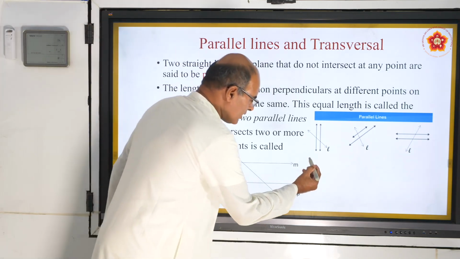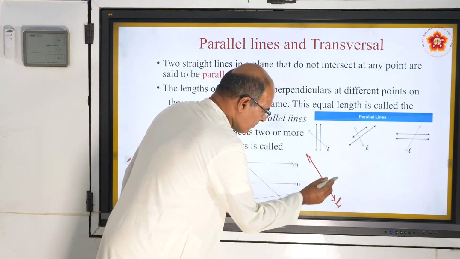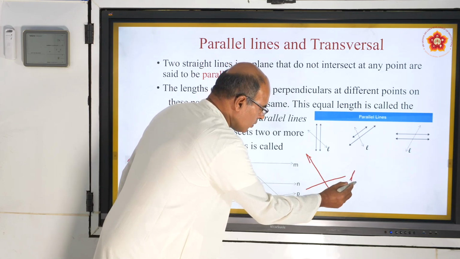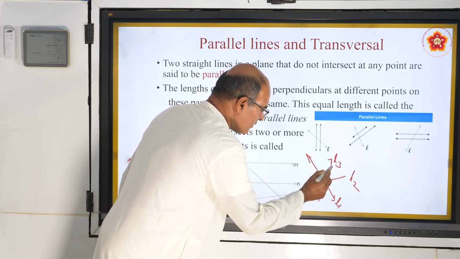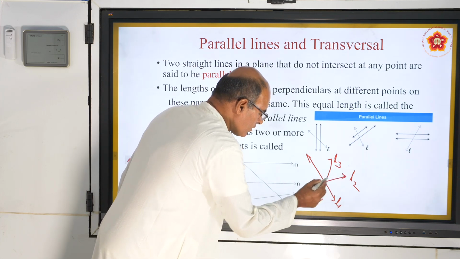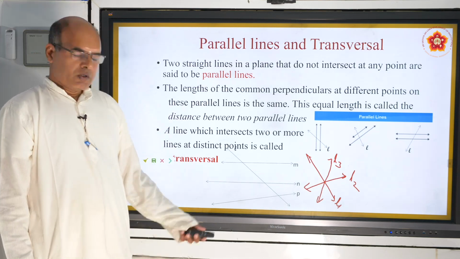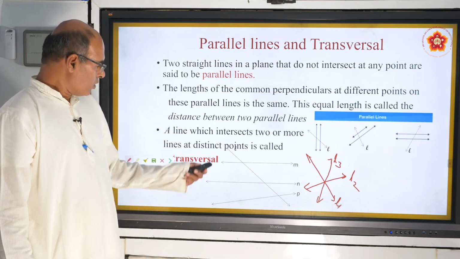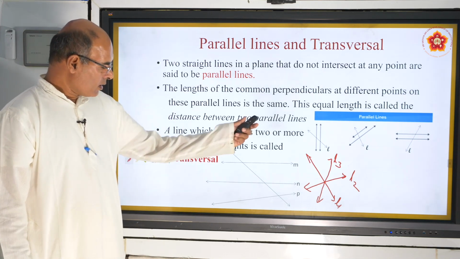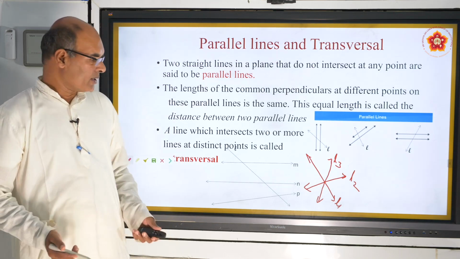If I consider these three lines, let it be line L1, line L2, and this is line L3. Which is a transversal? None of them are transversals, because to become a transversal, the line should cut the other two or more lines at different points.